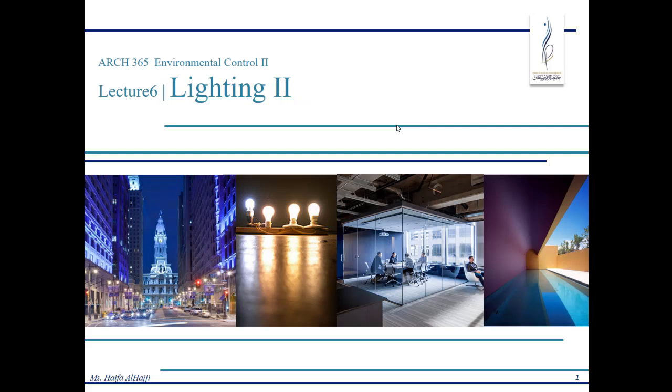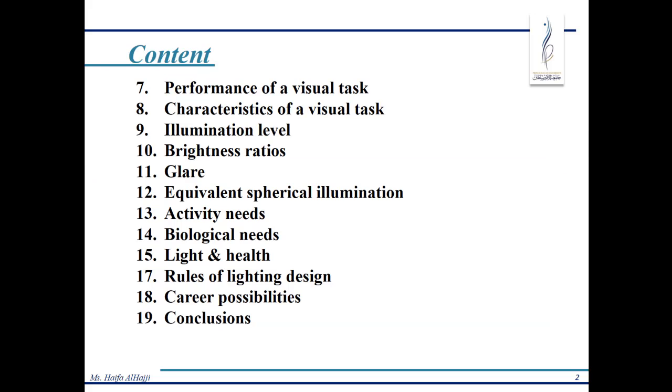Okay, these are still basic concepts, but they are more related to design. So we're going to talk about this content. First, we're going to talk about the visual task and how to improve its performance. Then we're going to talk about the characteristics of that visual task, and as we can see here, the three in here are part of the characteristics related to visual task lighting.